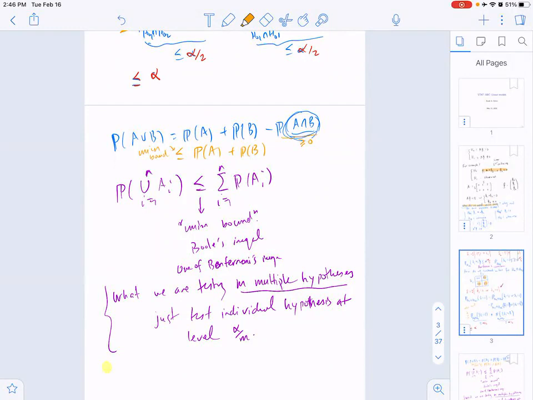So alpha needs to be small for each test, super small. Why is that bad necessarily? When m is very large, alpha over m is going to be very small. So be it. Why is that a problem?